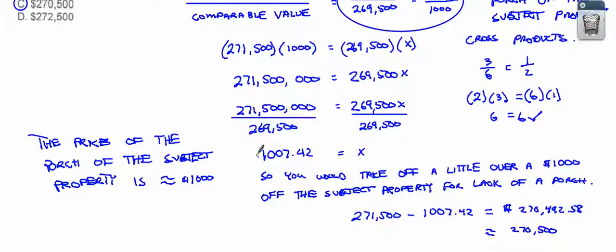Actually, it's 1,742. So you would take off a little over $1,000 from the subject property for lack of a porch.